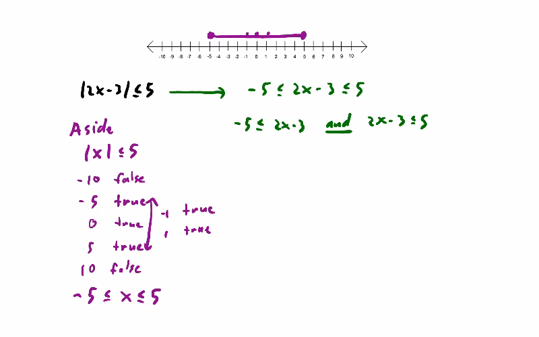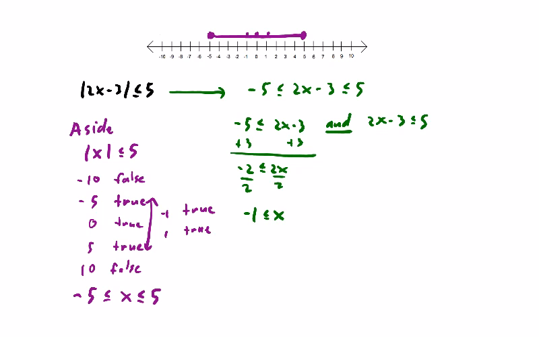Now we can go ahead and solve this like we did other inequalities. We could add 3 to both sides and have that -2 is less than or equal to 2x. Divide both sides by 2, which is a positive number, so no problem there. -1 must be less than or equal to x.